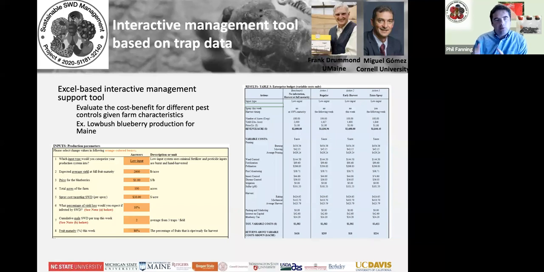They can input them along with some other characteristics of their crop, how much they anticipate the control costs would be if they were to spray, the number of acres, the price of their farm, and they can use that then to make decisions on whether it is economical to make an application for spotted-wing Drosophila, or if maybe harvesting earlier to avoid making that application makes more sense economically. So it's a really good tool, and it's one that's been very accessible to growers here.